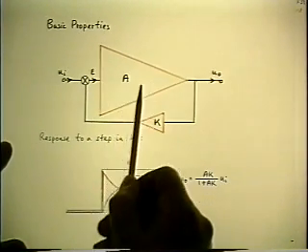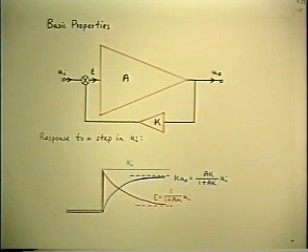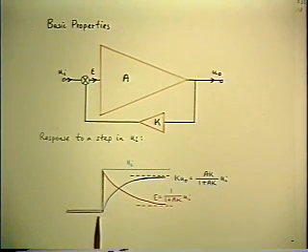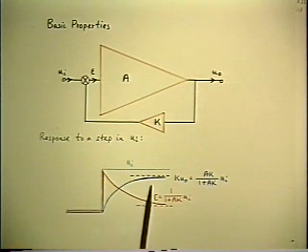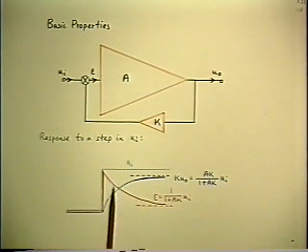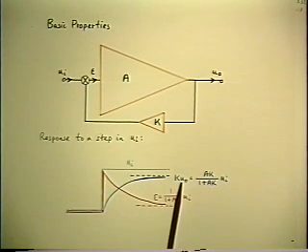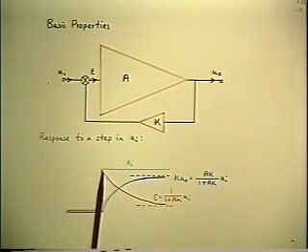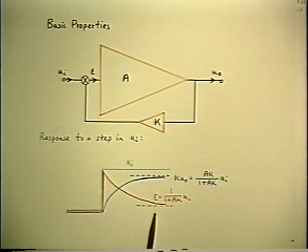Now that jolts the amplifier into noticing that something happened. So the output begins to rise from the zero initial value. So the feedback signal begins to rise as well and begins to subtract from the original step, so the error signal decreases.